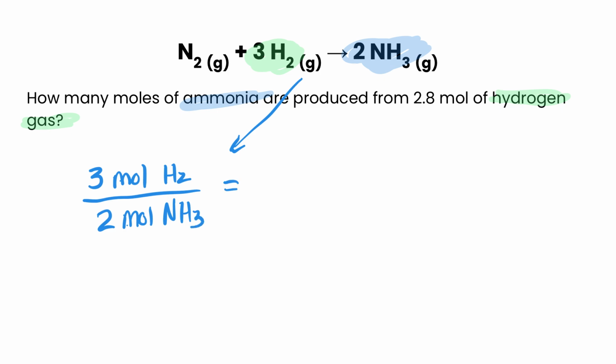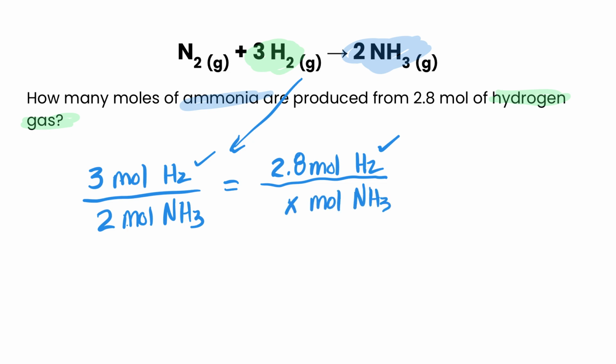And then on the other side, we're going to set it up so that we have moles of H2, and that's given to us as 2.8 moles of H2. Remember, moles of H2 have to be both on the top, and they are. And then we're trying to find the moles of NH3. Now, I could have set this up with ammonia on top on both sides, and that would be totally fine.